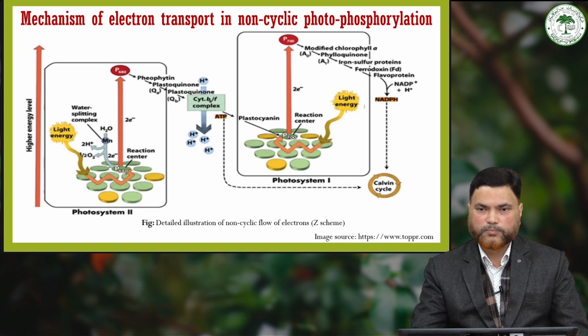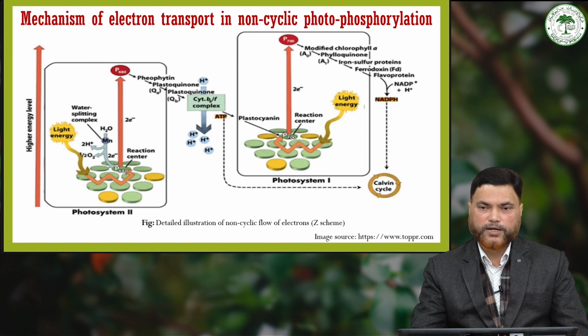Photosystem 2 absorbs light most efficiently at 680 nanometers, and photosystem 1 absorbs light most efficiently at 700 nanometers.